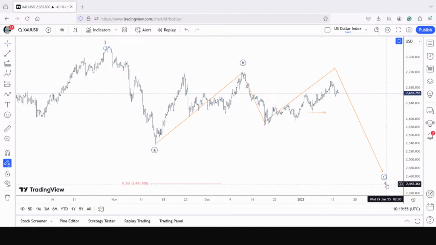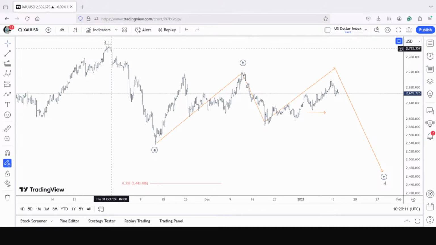There is one more count which is available. I'm not printing it here, but I'm just showing. This could be a triangle in the making as well. We discussed this earlier as well. That could be A, B, and no change here.